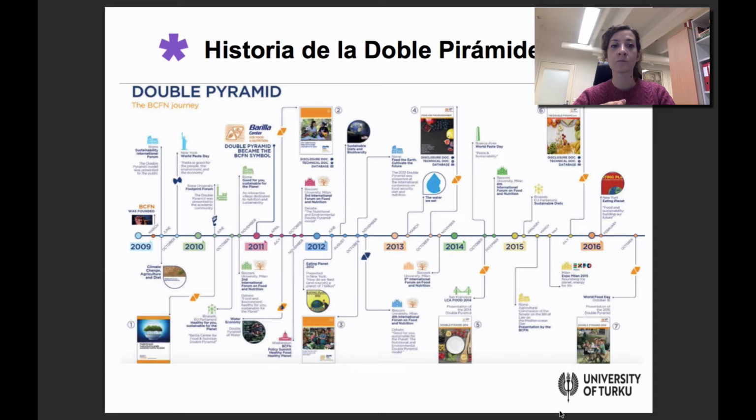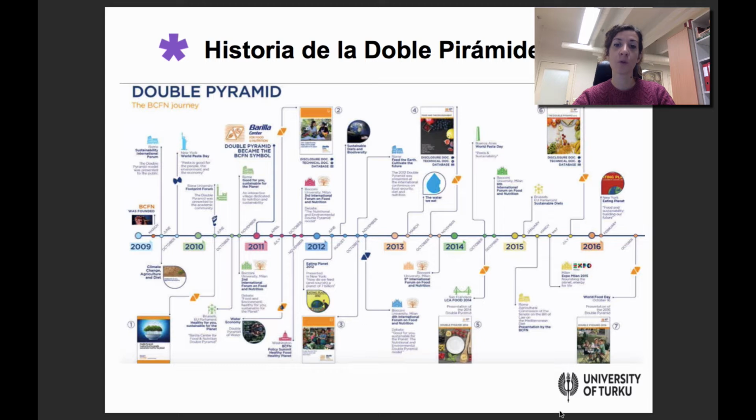And then you can take a look at all these different events where the double pyramid has been presented and discussed, in different places. Some have been in Italy during the International Forum on Food and Nutrition that has been taking place every year since 2009, but there have also been presentations in other countries.